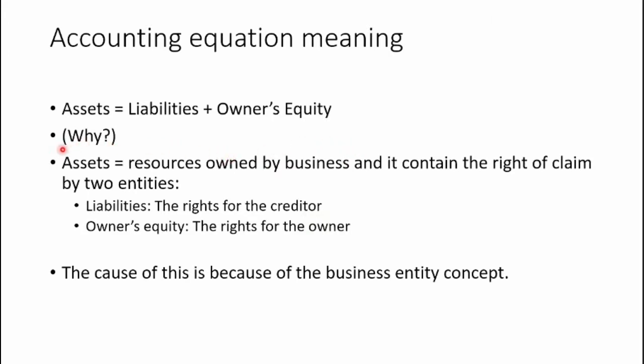So the assets that your business owns are not technically your assets, and your own assets, such as your house, or your own liability, such as your mortgage, don't affect your business at all. It's a different kind of entity. So that is why we have asset equals liability plus owner's equity as an accounting equation.